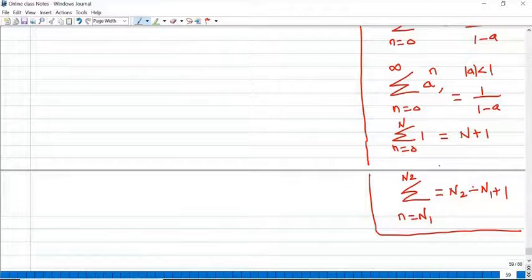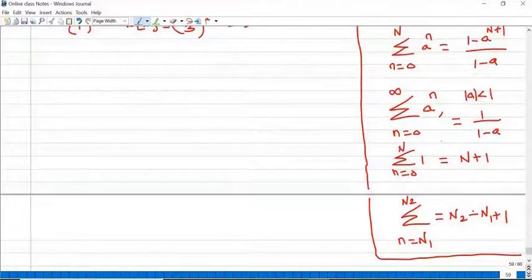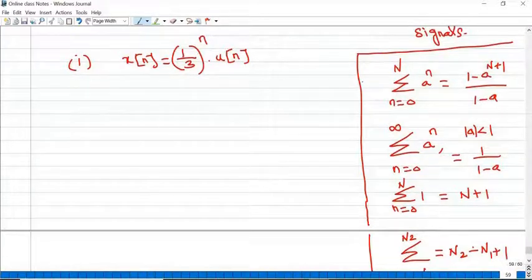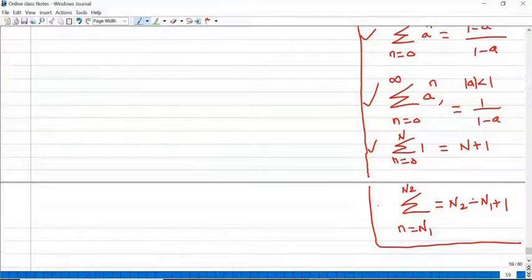I think these formulas are sufficient to solve discrete time signal energy and power value. Most of the time we'll be using 0 to N a power n and 0 to infinity a power n, or 0 to N of 1, if u of n signal is given. And this also we'll be using, n2 minus n1 plus 1.